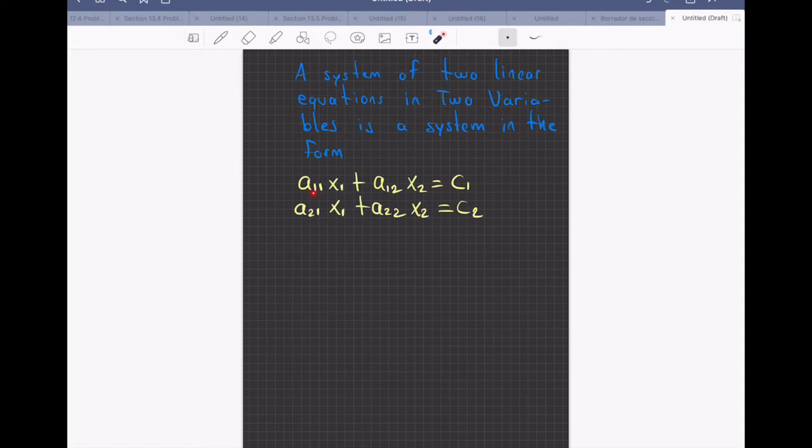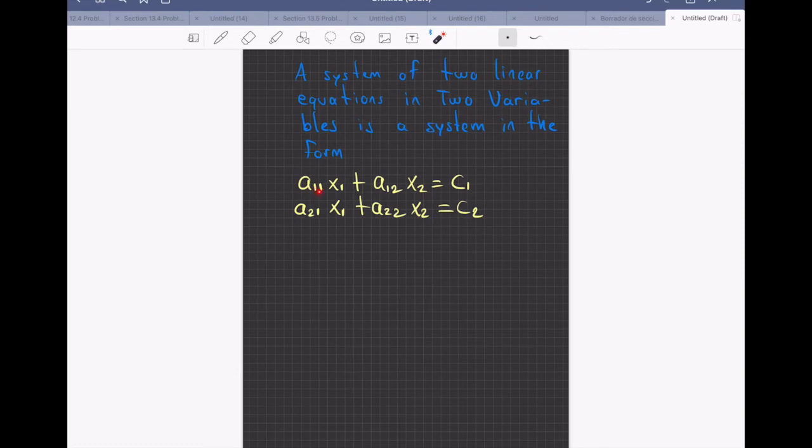The coefficient is the number multiplying the unknowns or the variables, and by the unknowns or the variables I mean the x, for example x1 and x2. I will refer to them as unknowns or variables. But notice, this is a number, a real number.